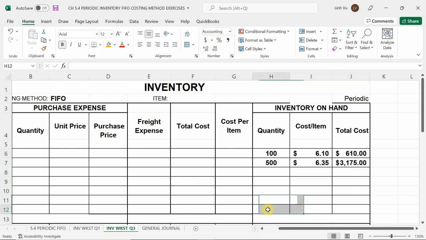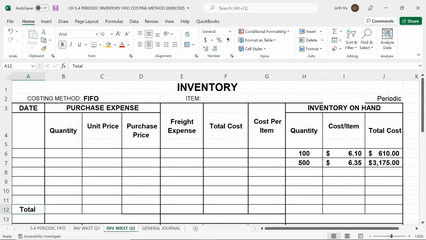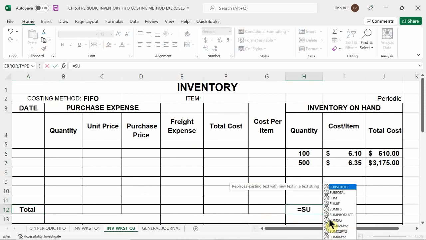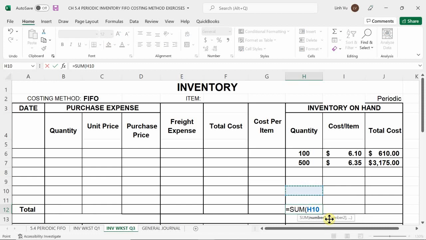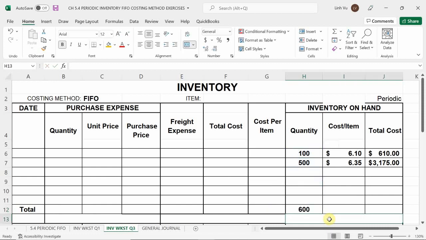And again, I'm also going to do an equal sum section here. So we have totals here, and that's what I'm going to do here. I'm going to equal sum this so we can go from there. Okay, so here I have a total of 600 units at a total of $3,785.